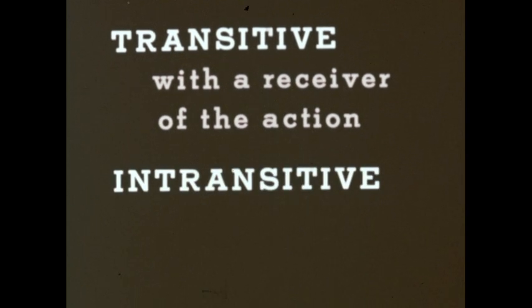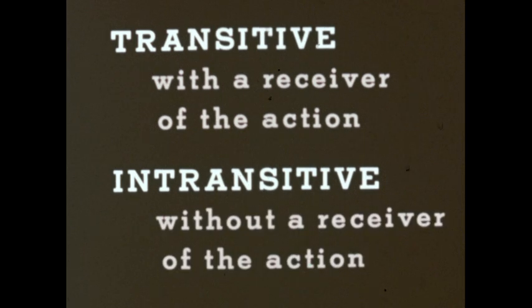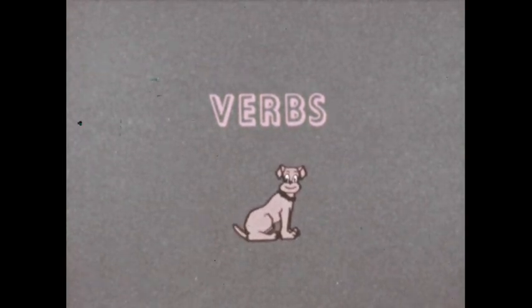We say it is used intransitively if the sentence does not include a receiver of the action. Finally, remember that verbs show action or state of being. These are the main ideas that will help us to understand verbs and how we use them.